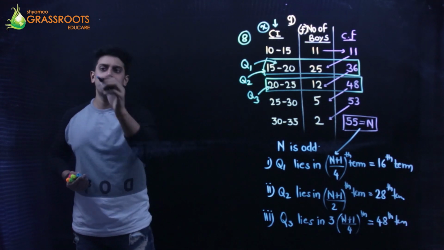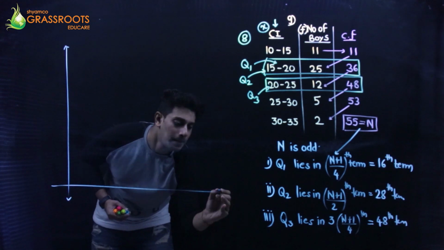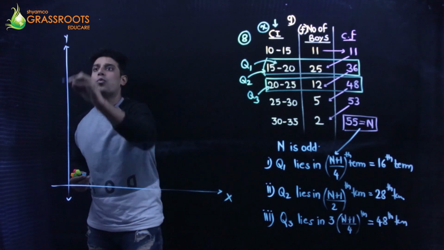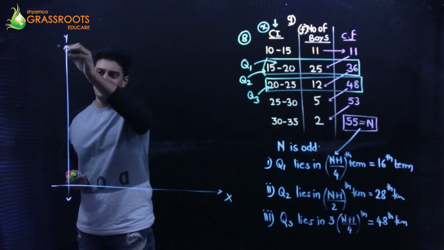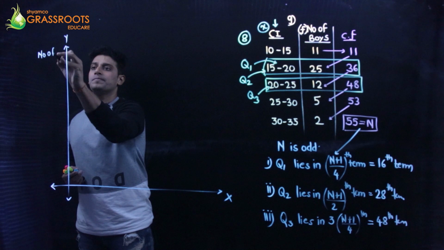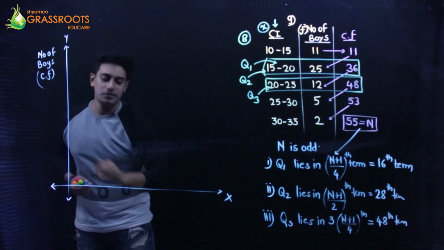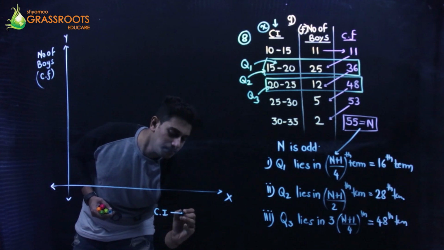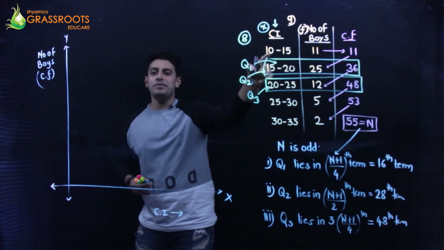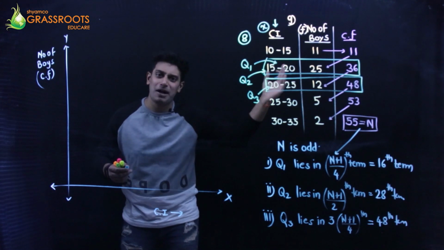So let's begin. X, Y. On this axis, it's going to be the number of boys, cumulative frequency, class interval. It's starting from 10. It doesn't start from 0. We have done this in the previous chapter.